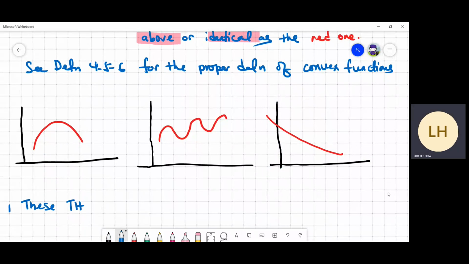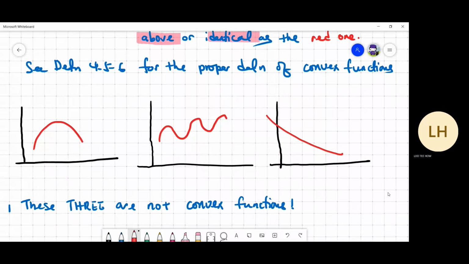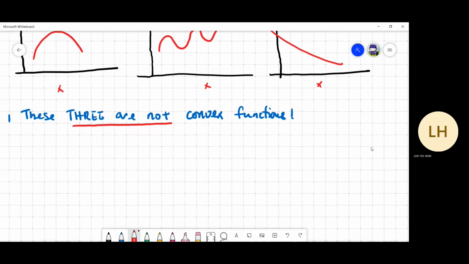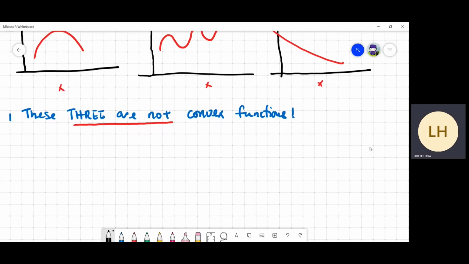These 3 are not convex functions. That's a very simple example. I hope after this you have some idea how a convex function looks like.